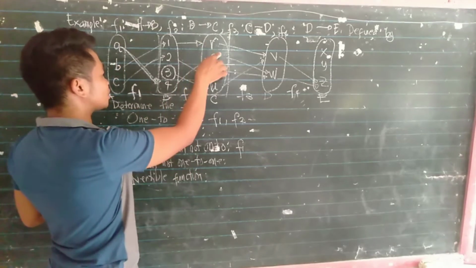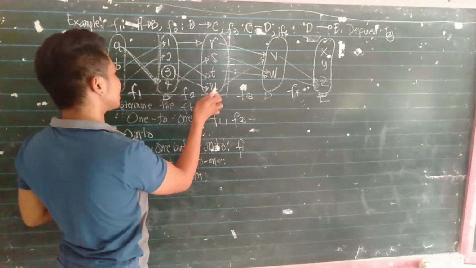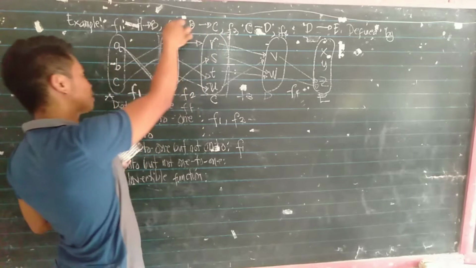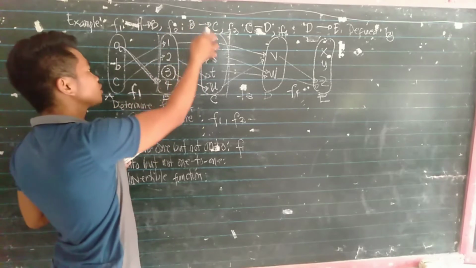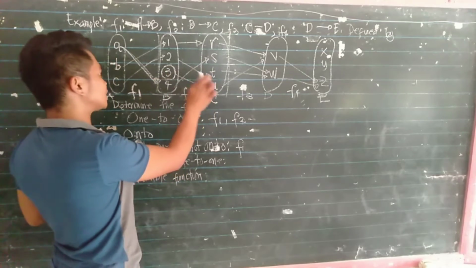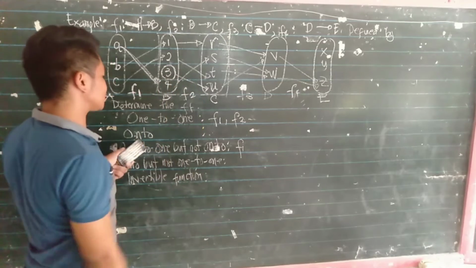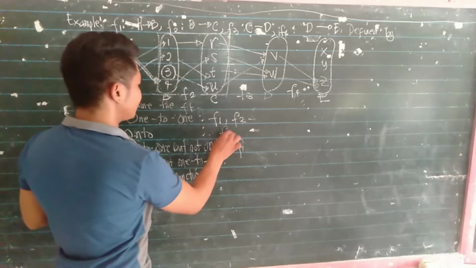This is an onto function because every element in C has a preimage, as we look back. So R, we have 1, S, we have 4, U, we have 3, and T, we have 2. So this function is considered onto.